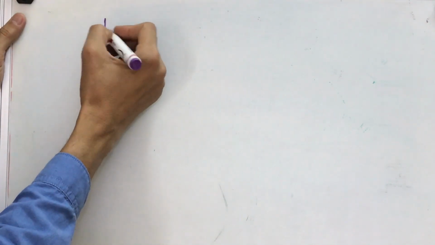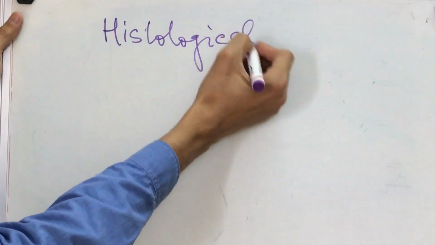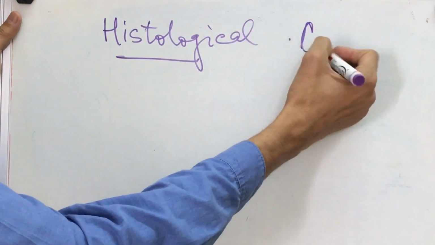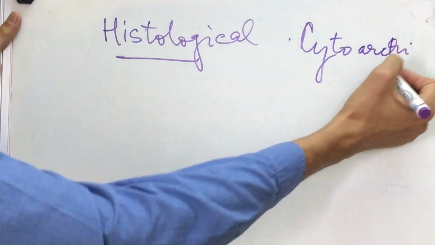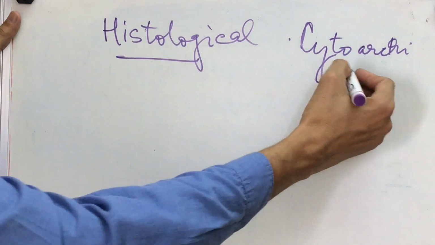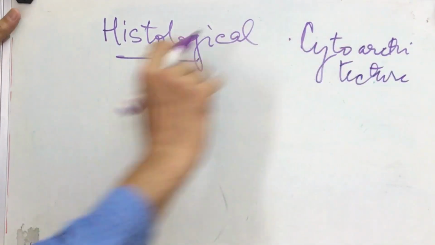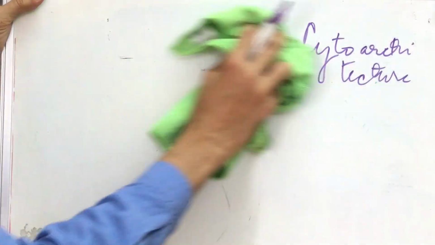We will discuss the histological division first, and then in detail about those layers, which is called the cytoarchitecture. So if there is any question regarding the histological division, histology, or cytoarchitecture of the cerebellum, it is one and the same thing.